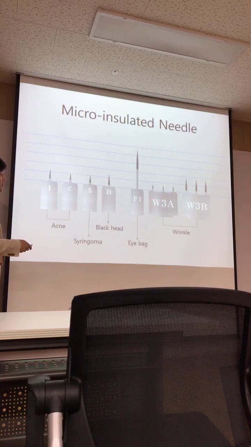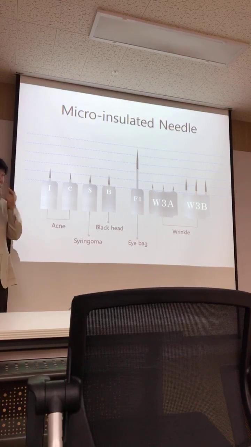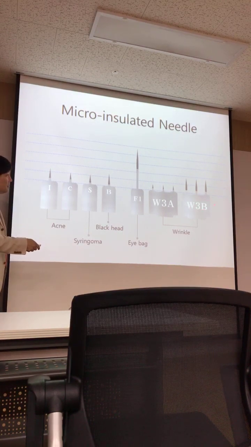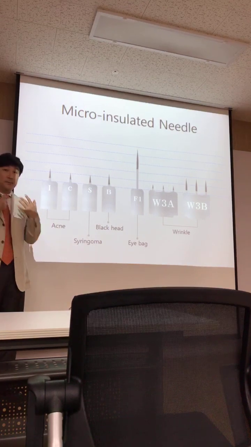And we have the W needle. W means wrinkle. There are two types, A and B. A is 800 micrometer, less than 1 millimeter in length, so it is for wrinkles of the eyelid skin, which is very thin skin. And the W3B needle is 1.5 millimeter, for wrinkles in other areas of the face or neck.